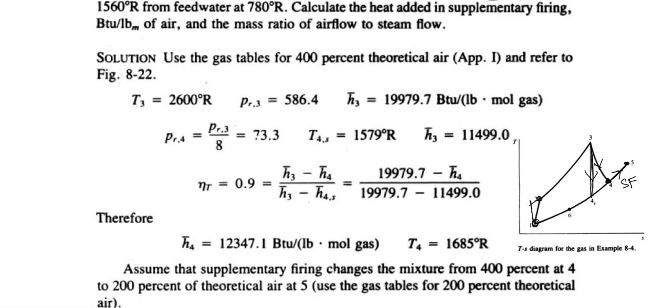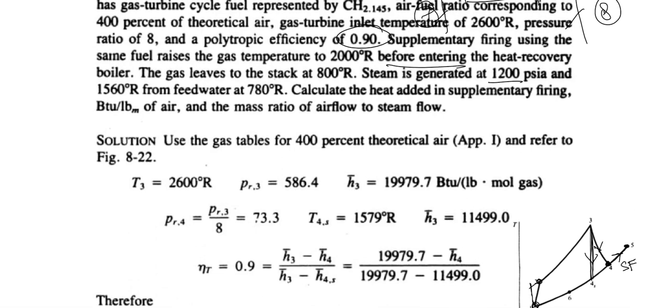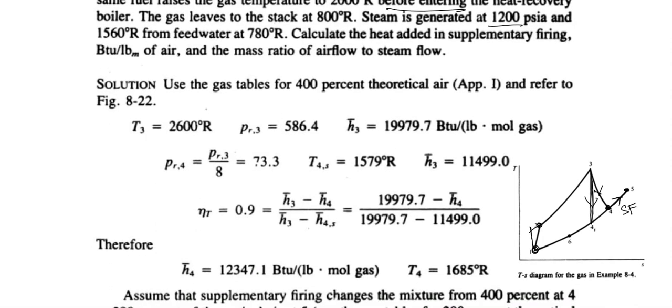Now that supplementary firing heat is added before entering the HRB. So this one is 2000 degrees Rankine over here, and this is 2600 degrees Rankine. From 5, it will enter the HRB, and it will exit the HRB at 800 degrees Rankine.